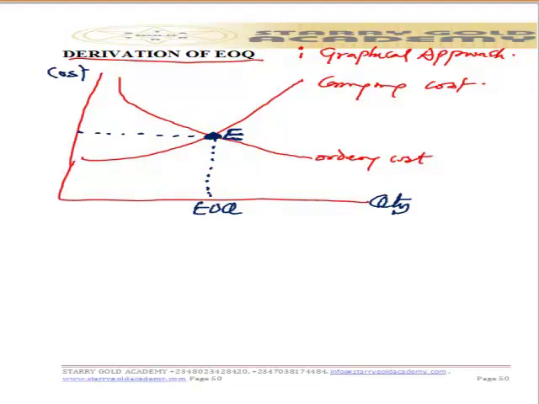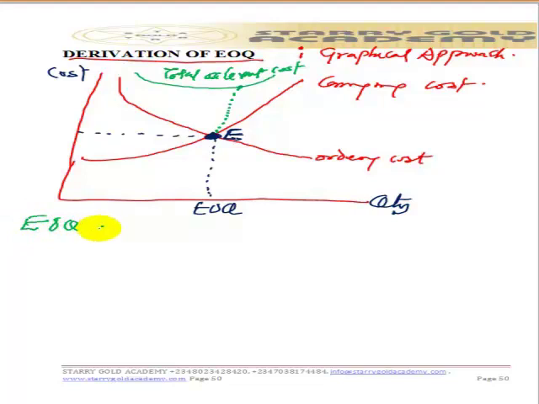And from this graph, if we are going to plot the graph for the total relevant cost, at that level, the total relevant cost will be minimal. This is total relevant cost. Will be minimal.